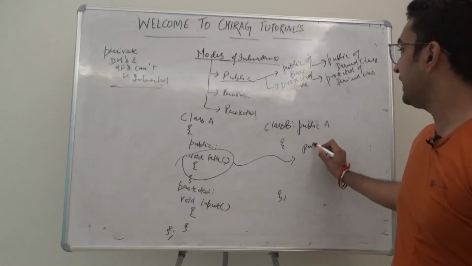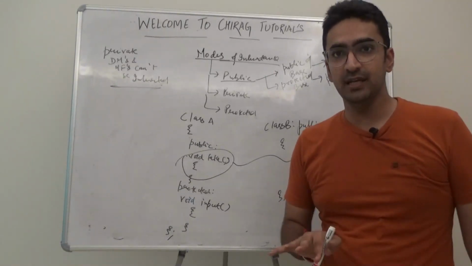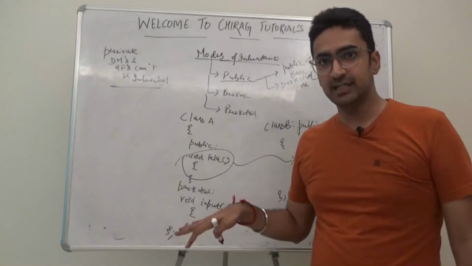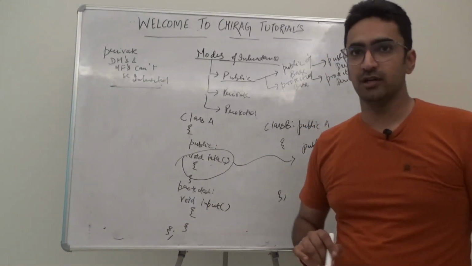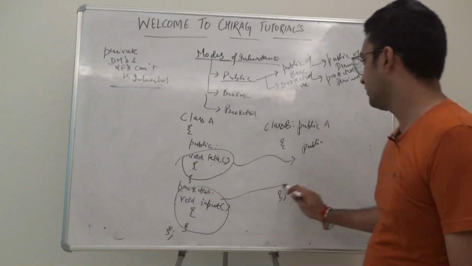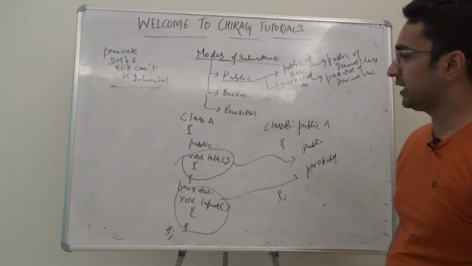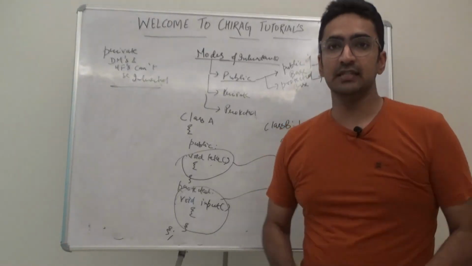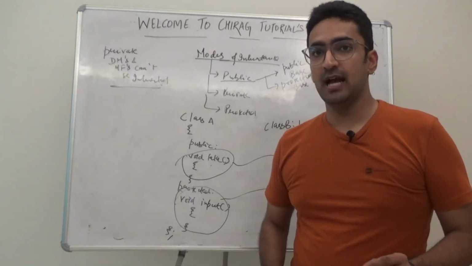Even if the public section is not written in class B, by default it will be created, and void take will go in public section of the class B, and protected section also will be created, and protected of A will go in protected of B. This is known as public mode inheritance.